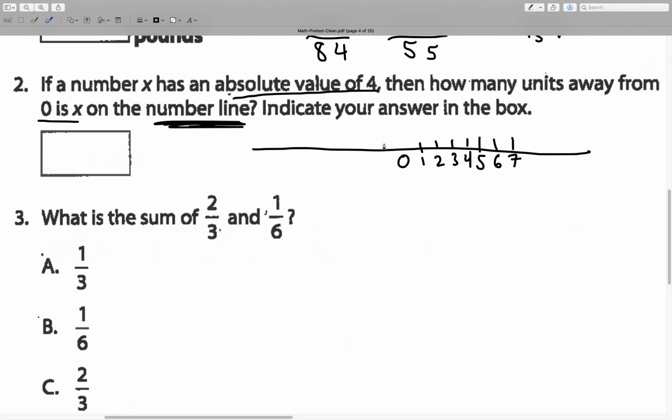Right here would be -1, -2, -3, negative, let me do that a bit better, -4 and -5 right over here.